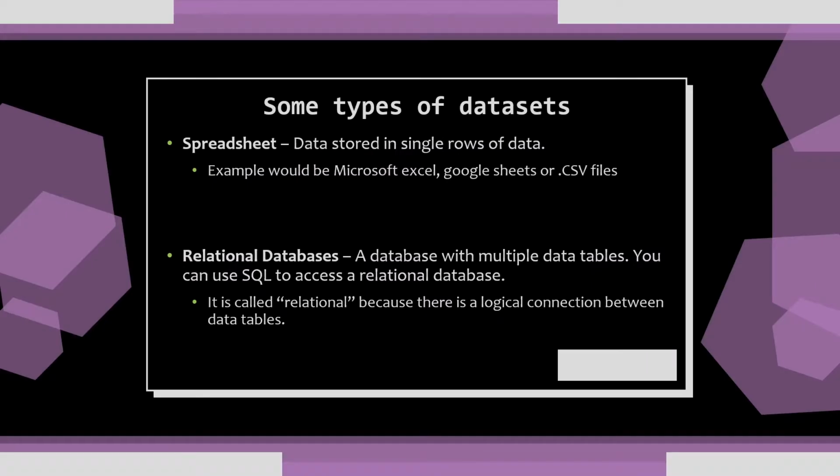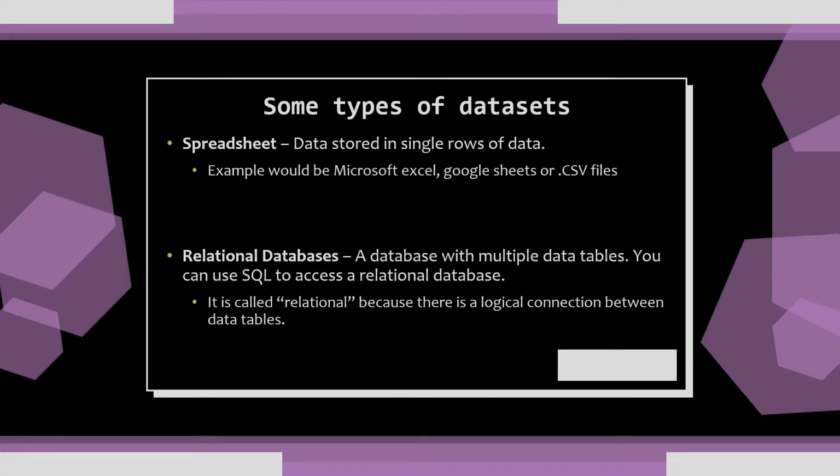There are different types of datasets. Some datasets are spreadsheets, which is what I just showed you. This is basically data stored in a single table of rows of data. An example would be Microsoft Excel, Google Sheets, or .csv files, and CSV stands for comma separated values.